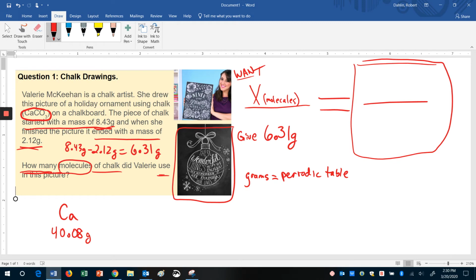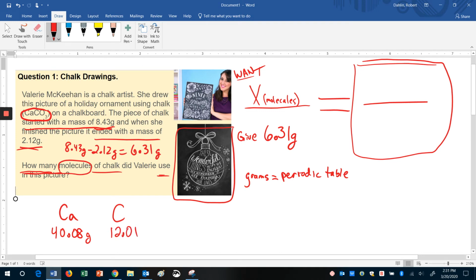And then I have a C. Now that's capital C, capital O. So it's carbon, capital C, and oxygen. Be careful. There's also a cobalt, which is a totally different thing. So carbon on here is 12.01. And then I have oxygen, which is 16.00, but we have 3 of them. We've got to multiply that by 3.